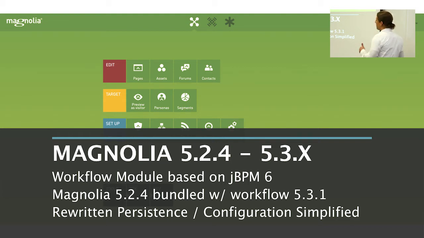What ended up happening is that when Magnolia 5.2.4 was released, we had a new minor version of the workflow modules. So there's a discrepancy introduced here. Magnolia 5.2.4 is actually bundled with workflow module 5.3.1. So just keep that in mind when you're working with the workflow module.